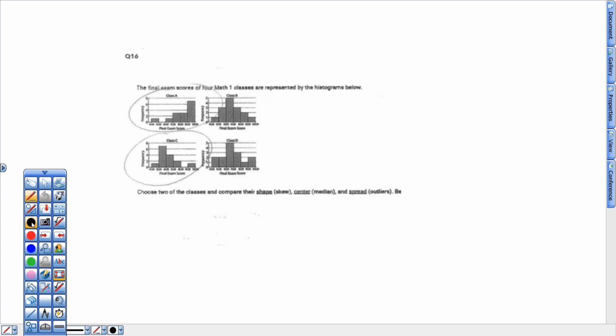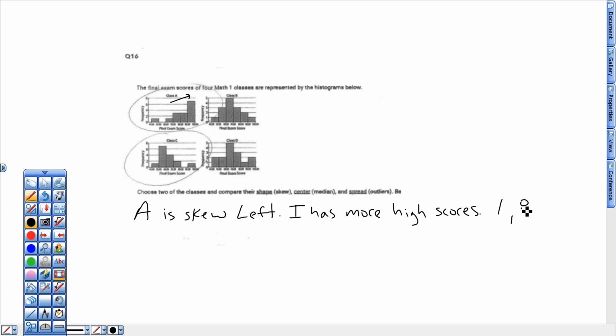16. I want you to describe both of these, and here's what I would write. A is skew left, even though it's pointing to the right. It has more high scores. If you want to be technical, that means if you have like a 3-number set, like 1, 8, 10, the median number is going to be higher than the mean.